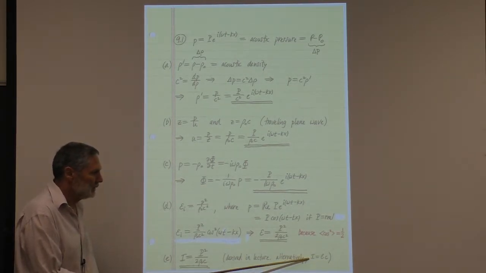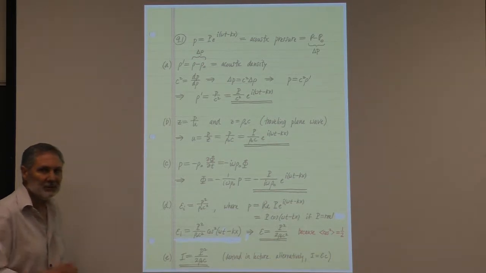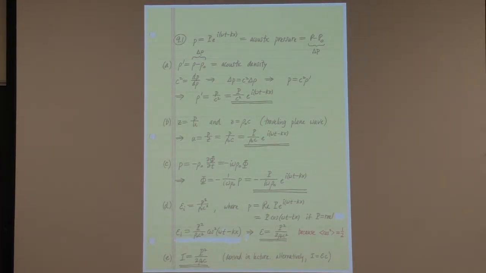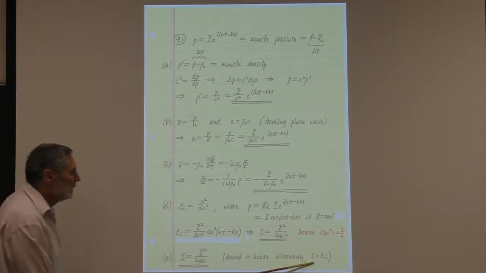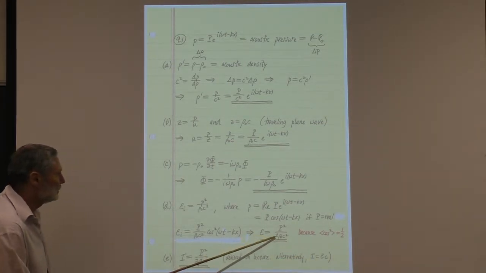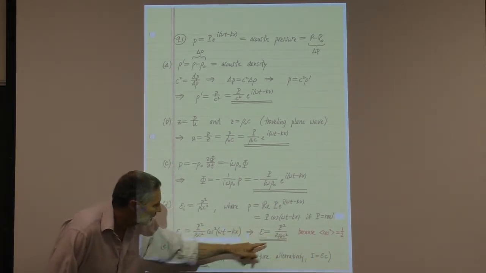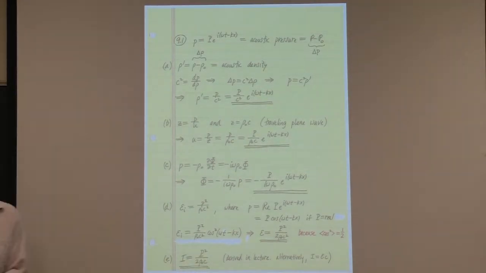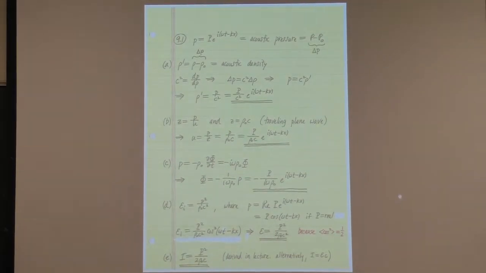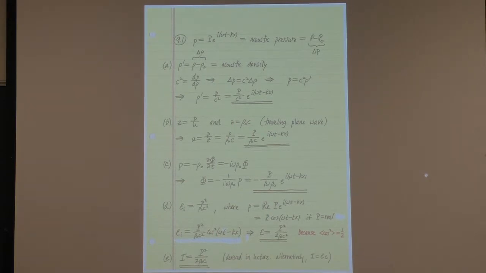The intensity is the energy density times the speed at which that energy density is moving. It's the speed of sound. So having found this, we can just multiply by c, and you see, if we multiply this by c, we get that. Okay, any questions about this one?